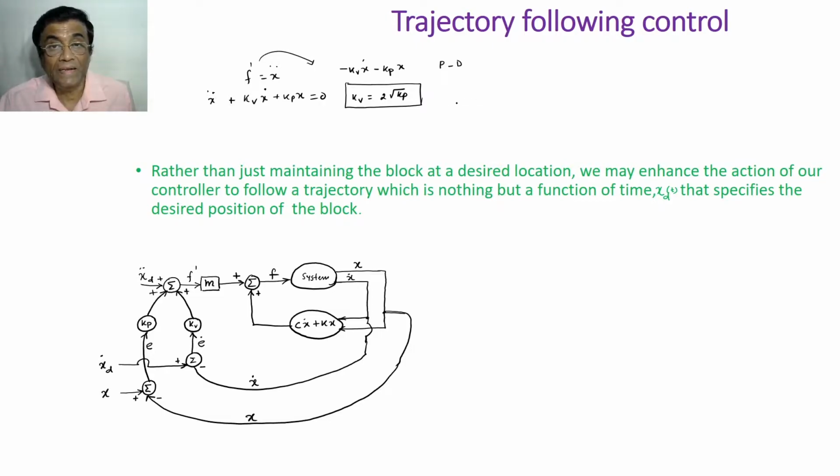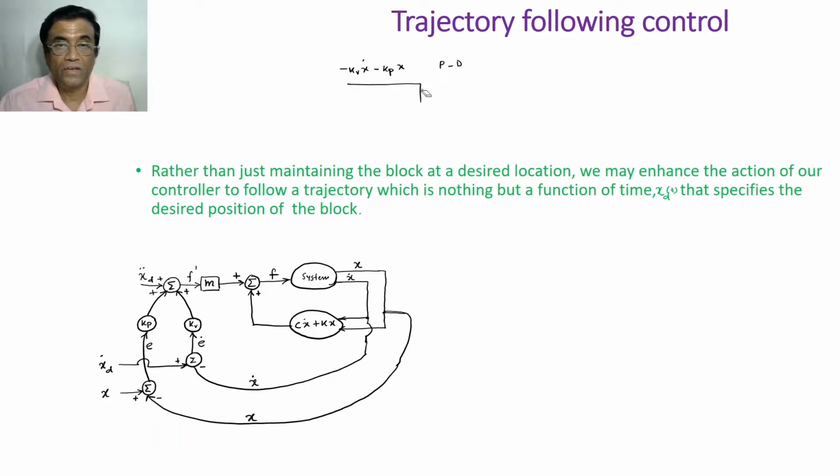So for that, we need a controller which will be even independent of all the state parameters. So we are going to study trajectory following control, using PD, proportional derivative first, and then we will further modify it, and why we will know.